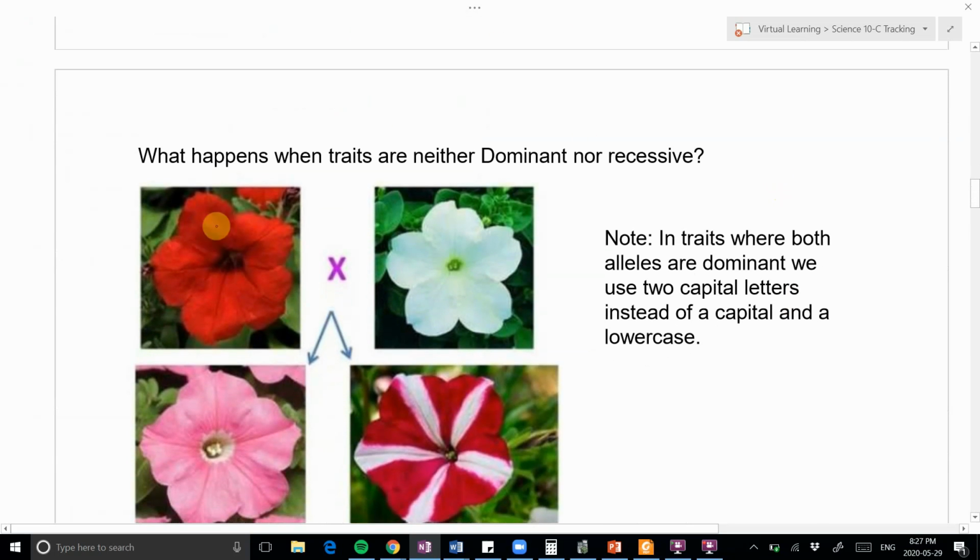So this time, instead of red being dominant, so it's still going to be two capitals, white here is not recessive. White here is also going to be dominant. So the way that we show that is that we actually use capital letters for both. Because if we were to use the lowercase, it would imply that the white is recessive, and that's not the case here. So we're using capital letters for both.